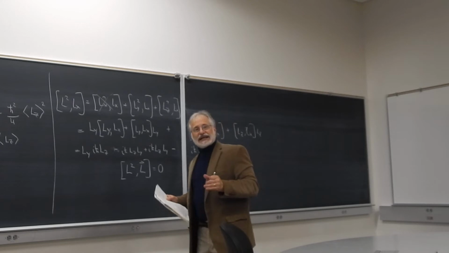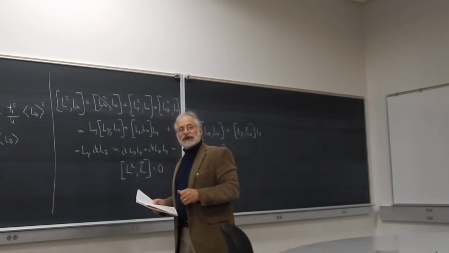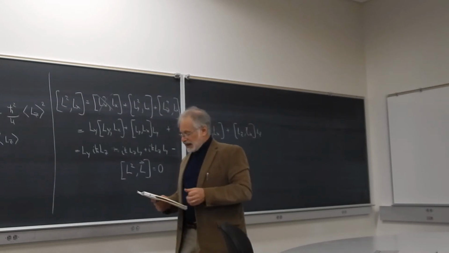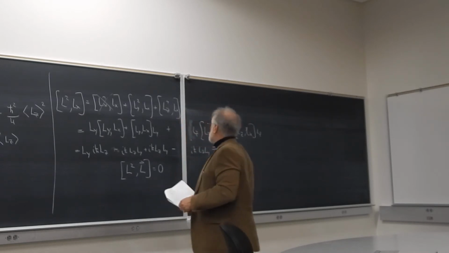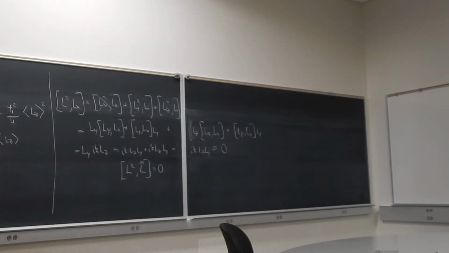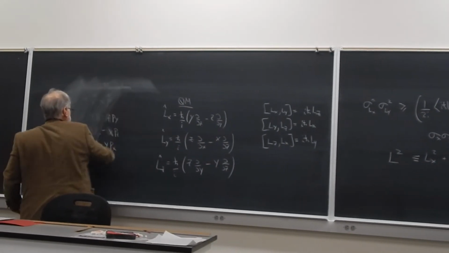That means we can find simultaneous eigenvectors or eigenstates of L squared and Lx, or L squared and Ly, or L squared and Lz. So to do that, we're going to play with ladder operators again.